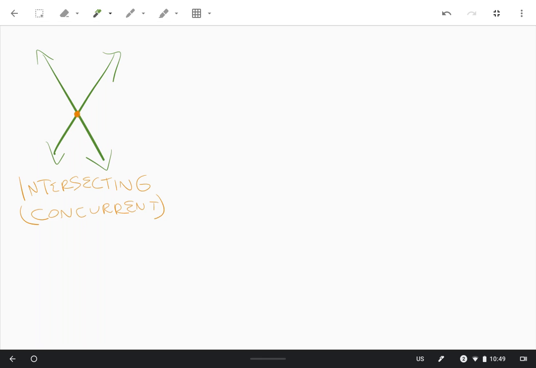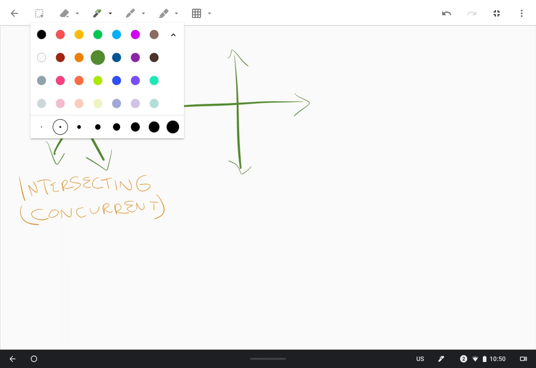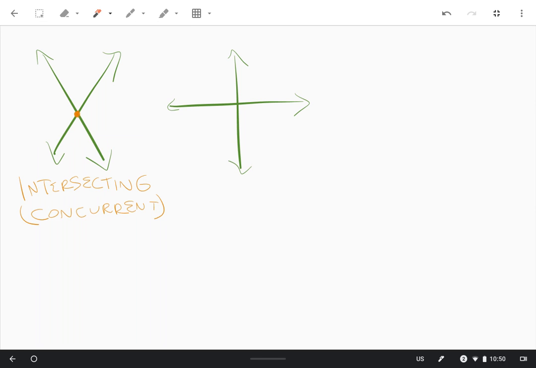Within that category of intersecting lines, we have one special type, and that is when lines intersect and form a right angle. When that happens, we call it perpendicular. That's when lines intersect to make a right angle.